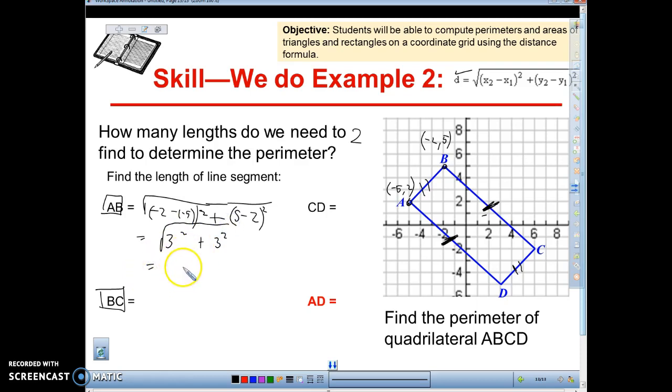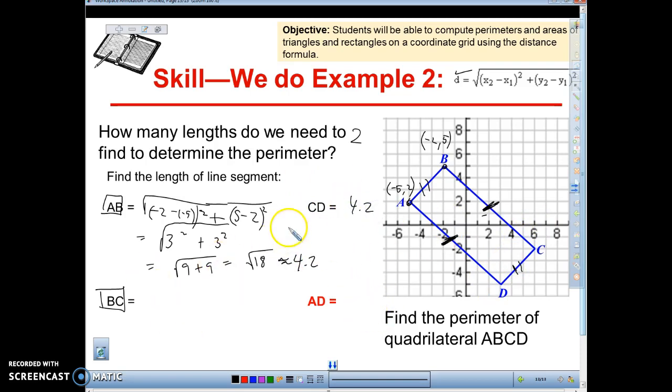So this becomes 9 plus 9, which equals the square root of 18. Square root of 18, and I can calculate this as approximately 4.2 units. So that makes this side also 4.2 units.